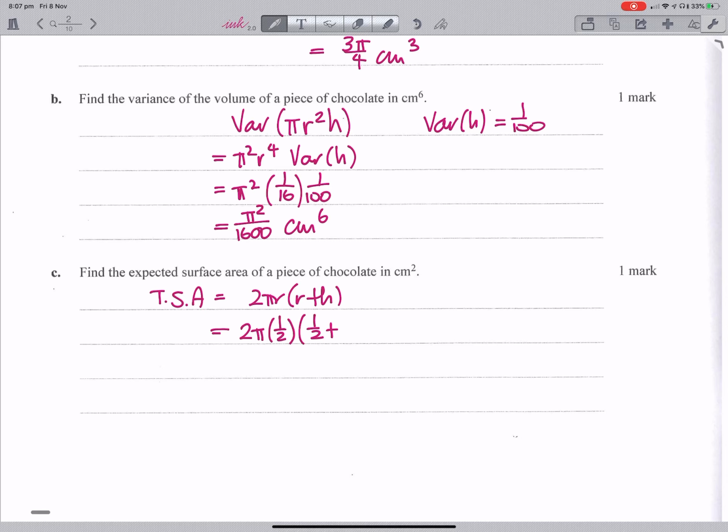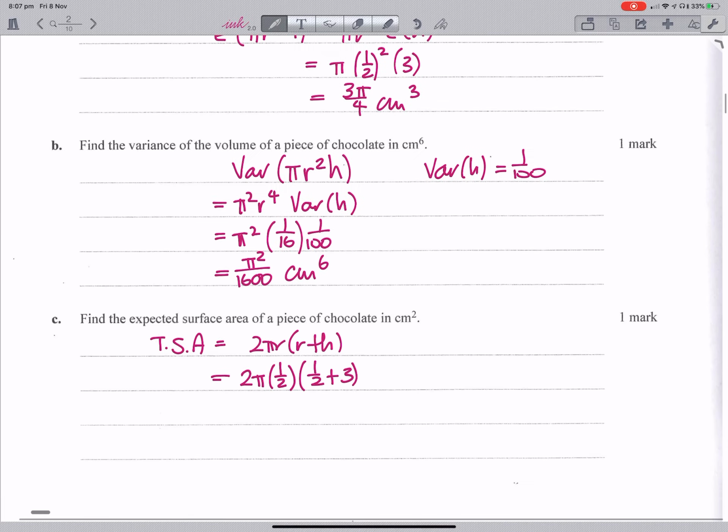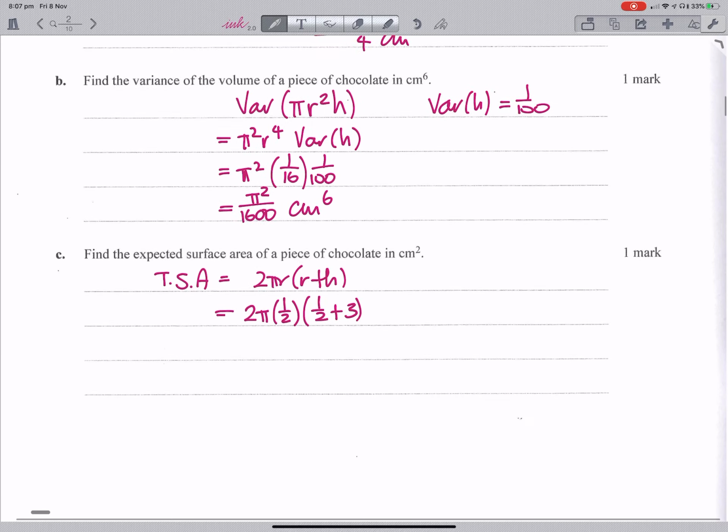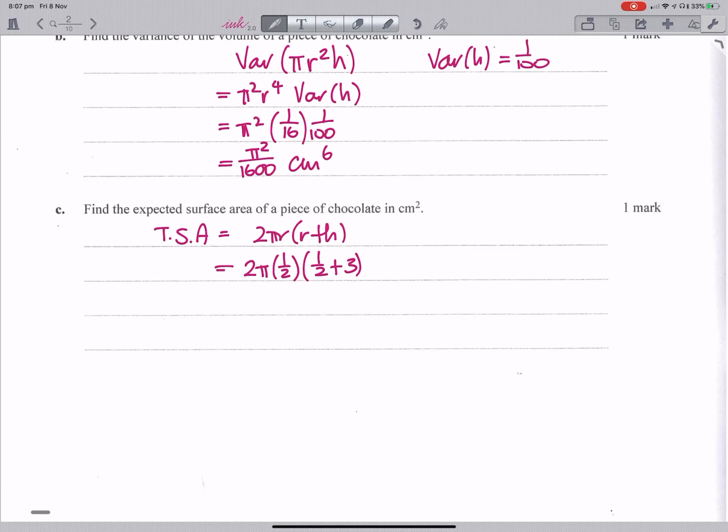Oh no, the height's 3. Pi plus, because it's r plus h. H is 3, or the expected value mu is 3. So from here we get pi times, they cancel, 3.5, which is 7 pi on 2 centimeters squared. A little bit weird.